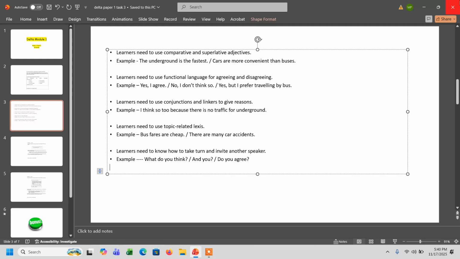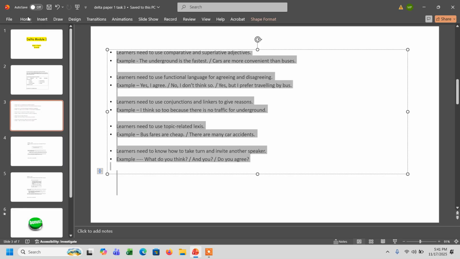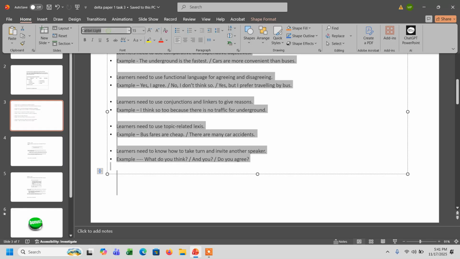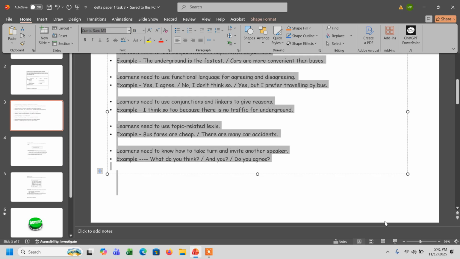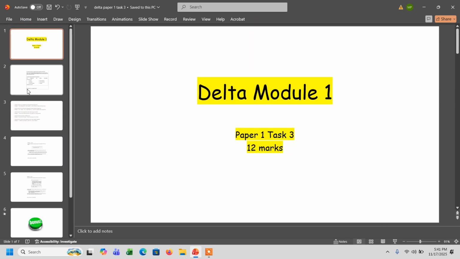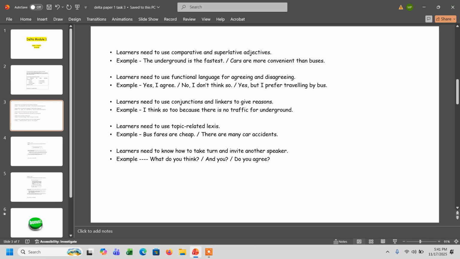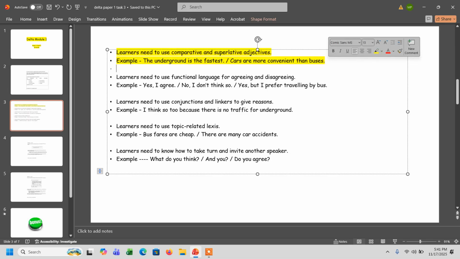Okay, so if I have to choose only these are the ideas. I like Comic Sans font, so let me change it. Okay, so these are the things I come up with. However, in the exam, you only need to choose 3 things. So for me, I would definitely choose comparing things. And also this one.